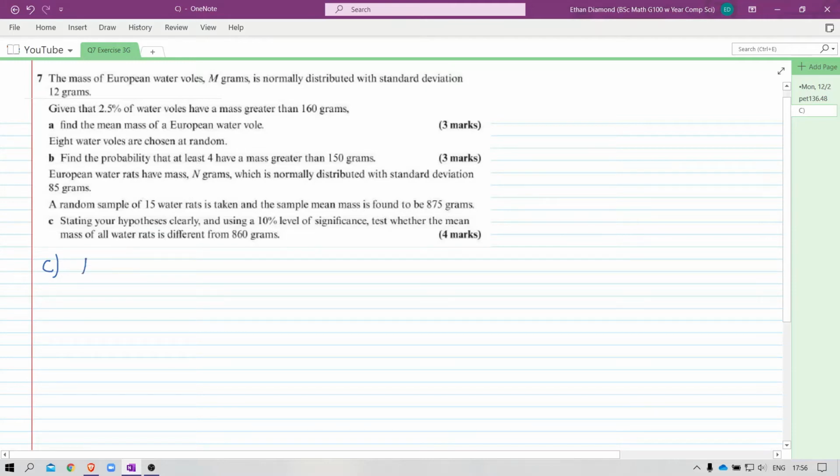So they're normally distributed with a standard deviation. So it's going to be N grams, which is going to refer to this N, and we're going to say it's normally distributed using another N. It's confusing, I know, but it's okay. It's going to have parameters mu for mean, and the standard deviation is 85.